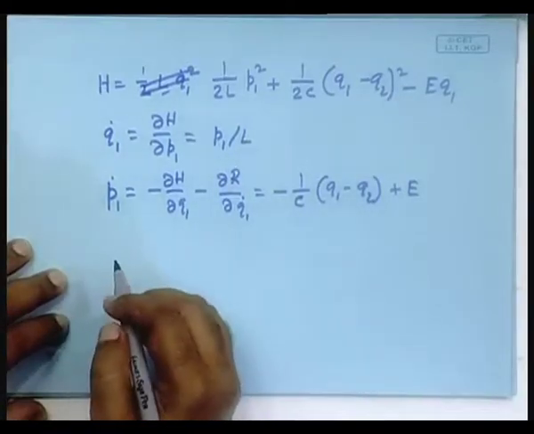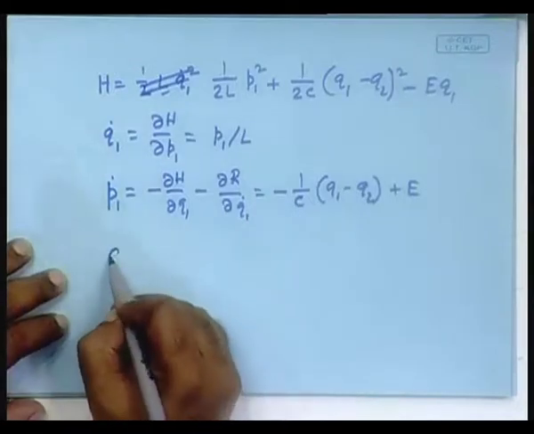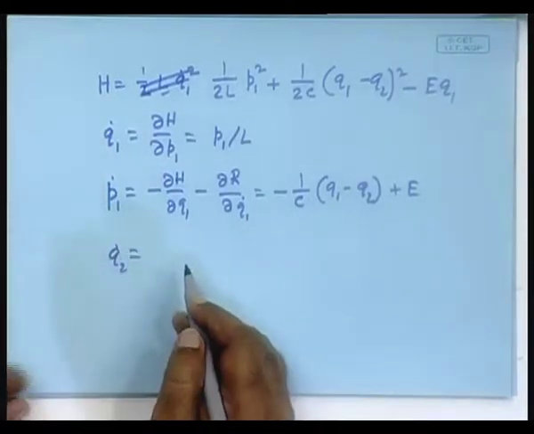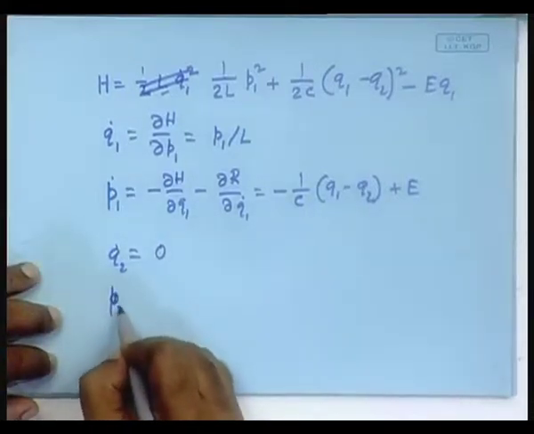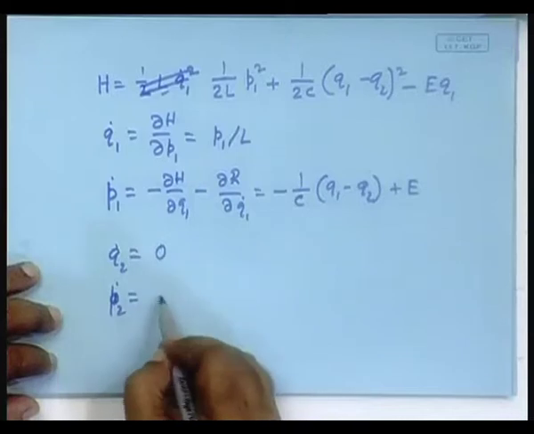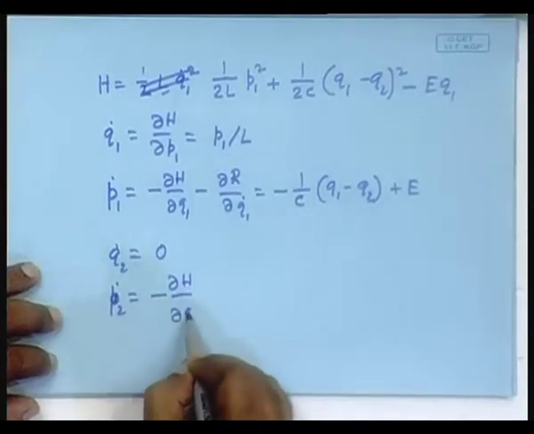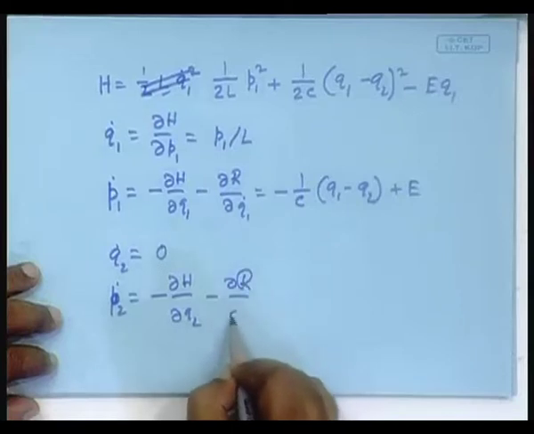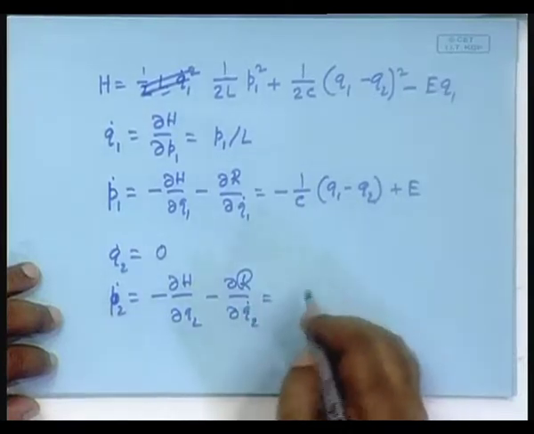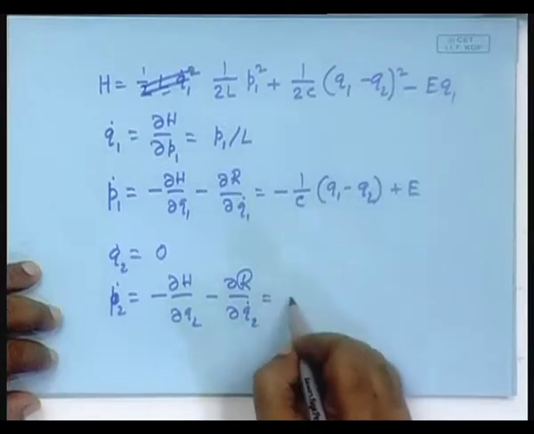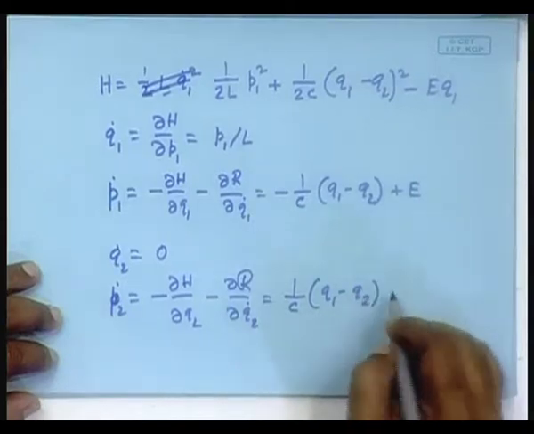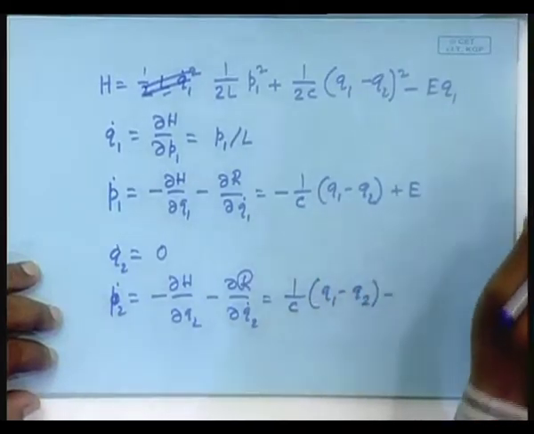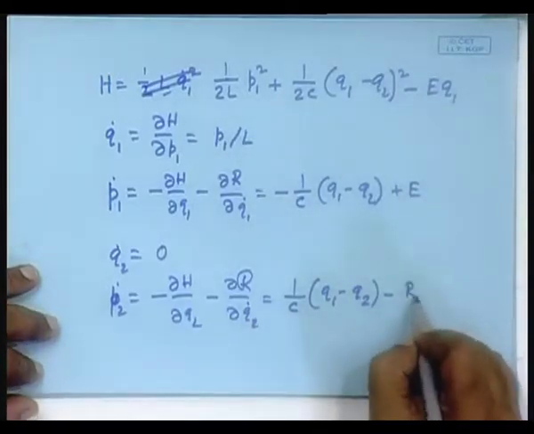Then along the Q2 direction, we have Q2 dot is... P2 dot is... what? Yes, same thing. So 1 by C (Q1 minus Q2), only the sign is different, minus, in this direction there is the Rayleigh term. So it will be R Q2 dot.